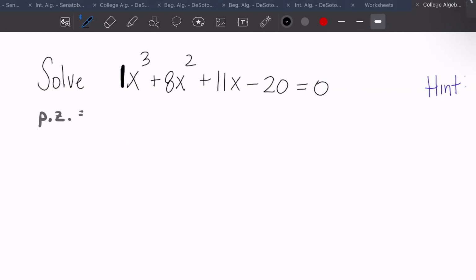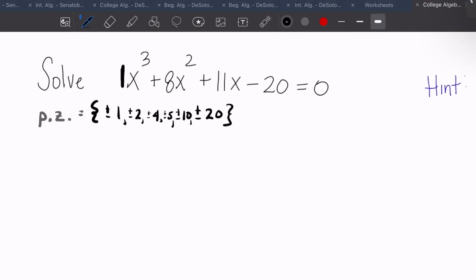So when you don't have a coefficient other than 1 right here, your possible zeros are easier because we can just go straight to our list. So we have plus or minus 1, 20, 2, and 10, 4, and 5. There is our list.